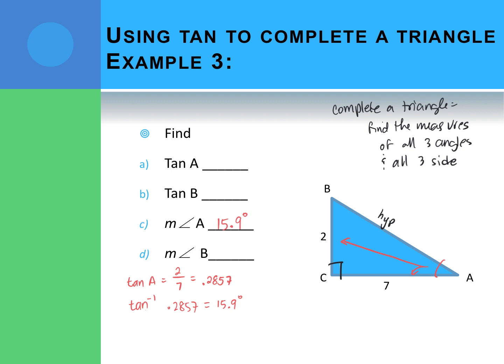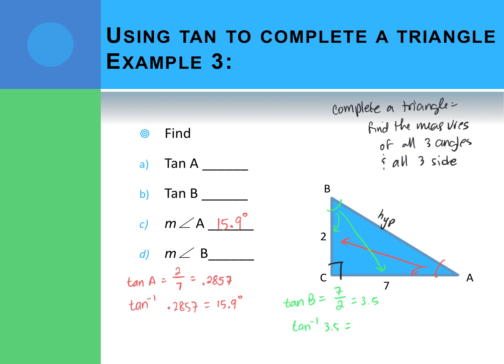Now I'm going to do the same thing for B. The tangent of angle B is going to be the ratio of the opposite 7 over the adjacent 2. So first of all, I'm going to do 7 divided by 2, and I'm going to get 3.5, and I'm going to now use the inverse tangent to tell me the degree measure for B, right?